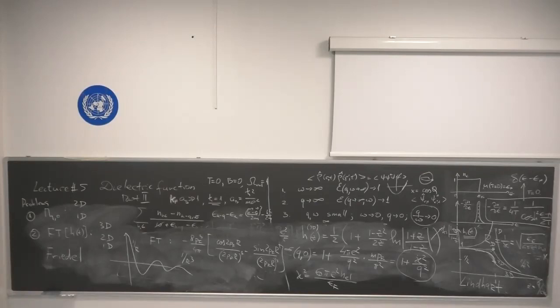I have a question. Yes, please. So there is always going to be a discontinuity in the average number at k equals k Fermi.